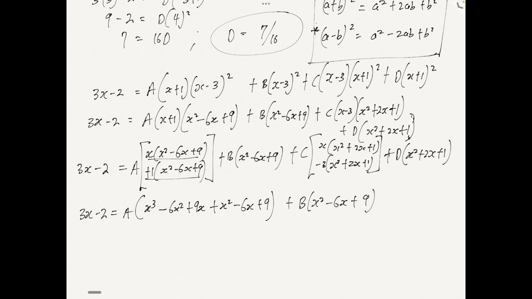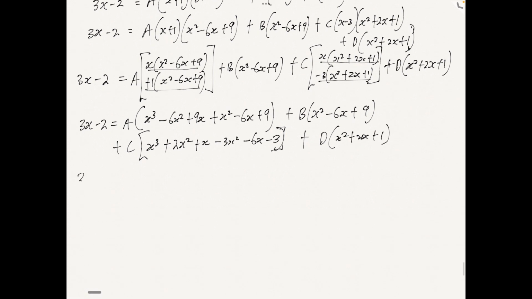Then our c, I'm going to open this here, so that will give us x raised to power 3 plus 2x squared plus x. Then we can open minus 3x squared minus 6x minus 3, plus, after we have d into x squared plus 2x plus 1.